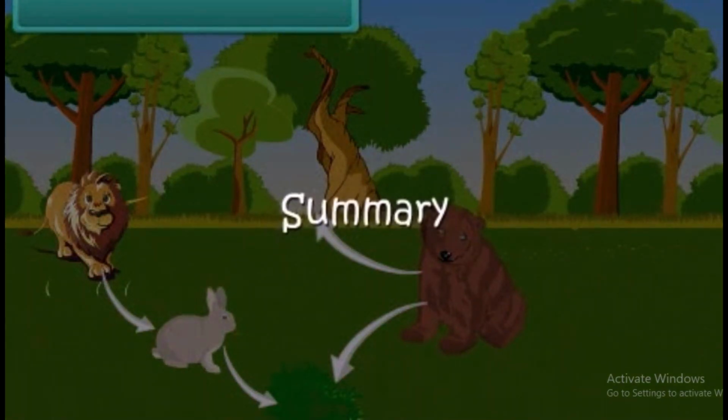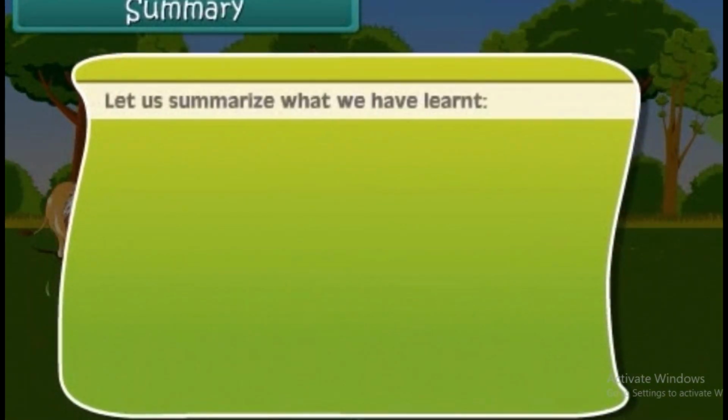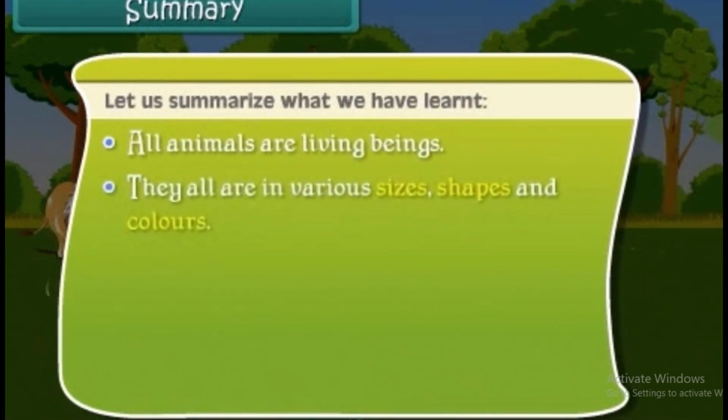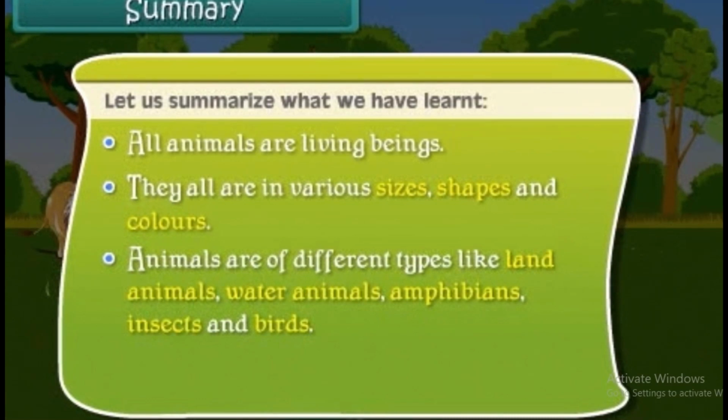Summary. Now friends, let us summarize what we have learned so far. All animals are living beings. They are all in various sizes, shapes, and colors. Animals are of different types like land animals, water animals, amphibians, insects, and birds.